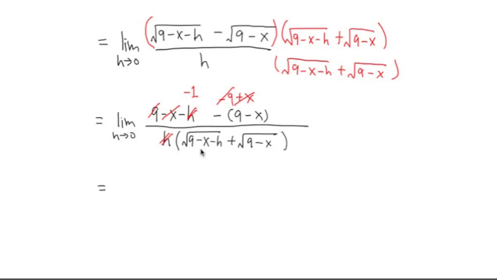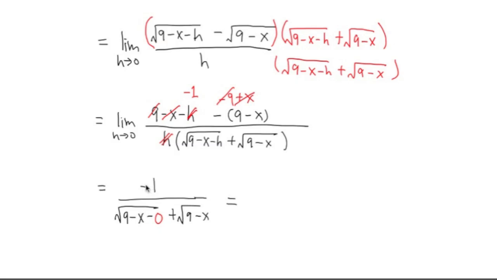You have two variables, be careful. On the top, I have just negative 1. Over, on the denominator, I have square root of 9 minus x minus the h, but I'm going to plug in 0 into h. And the second part is going to be, you add another square root of 9 minus x.